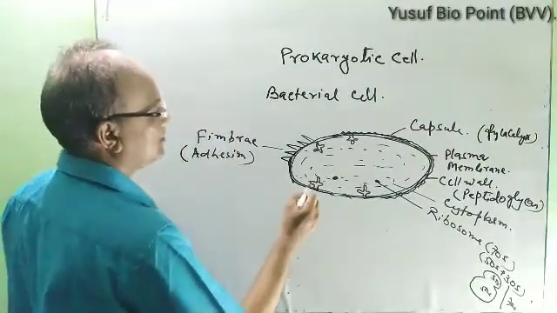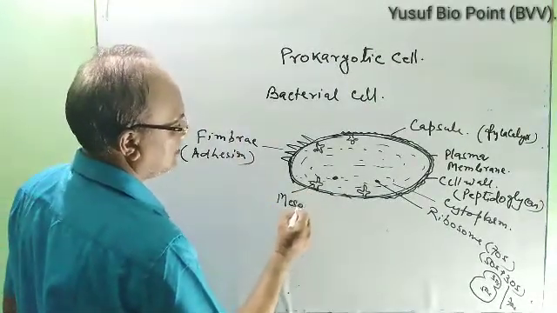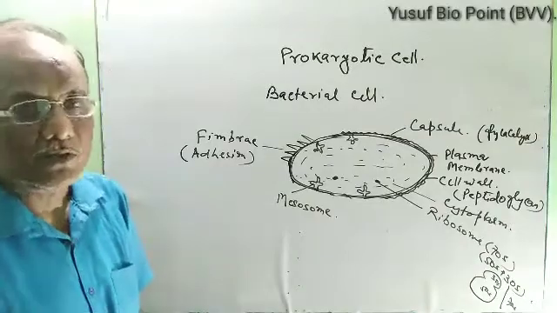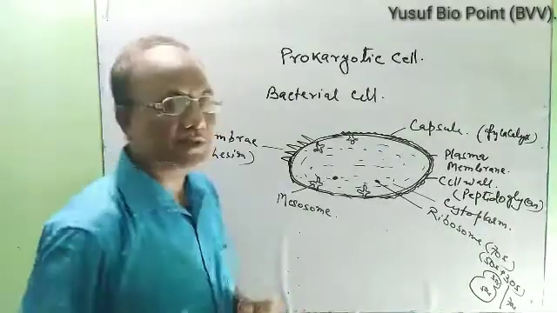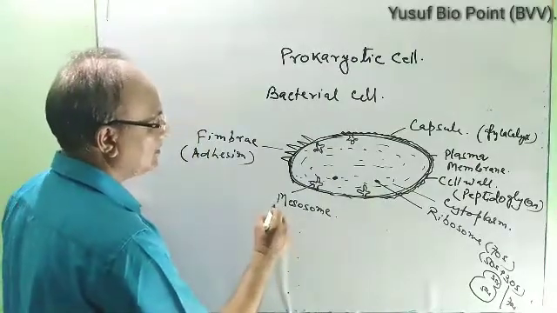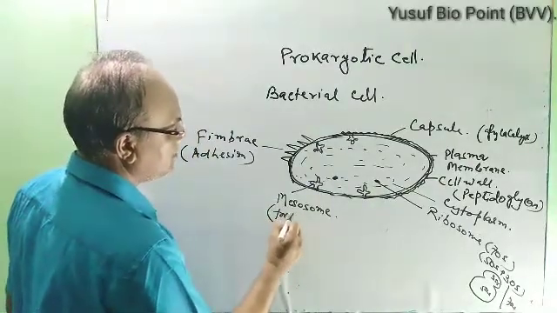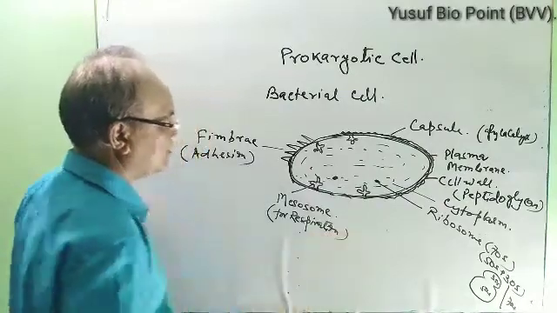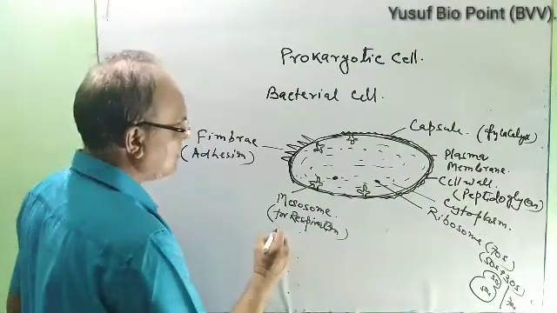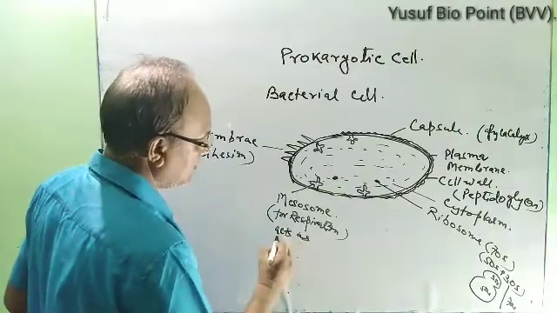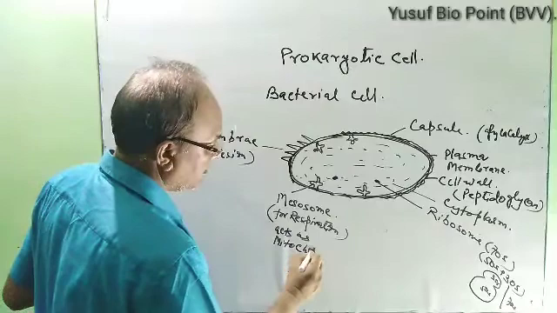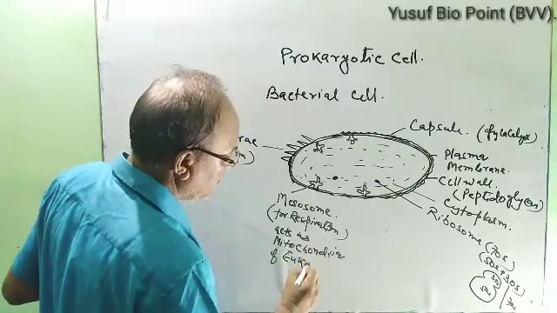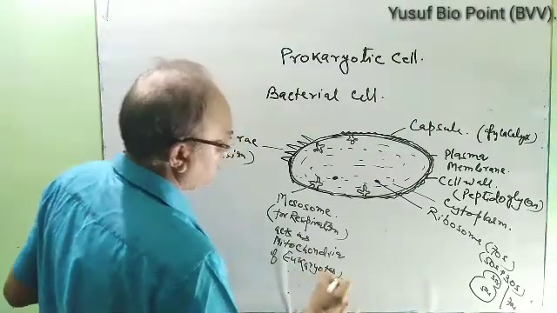Except this, there are some foldings found in that. These are called mesosome. And this mesosome takes part in respiration. It means it acts as the mitochondria of eukaryotes.